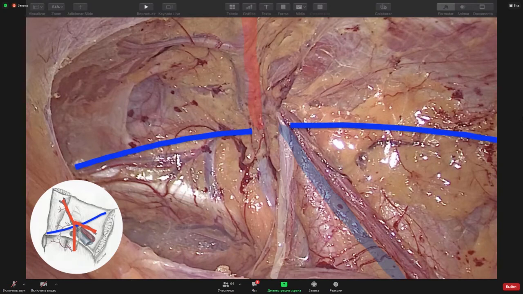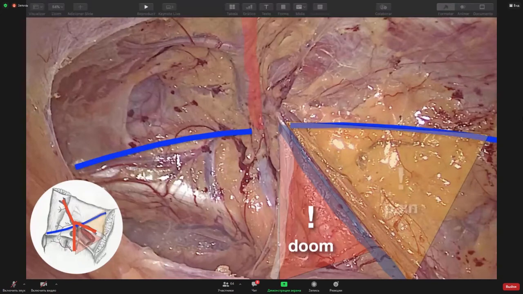Two of those everybody knows: the triangle of Doom between the vas deferens and spermatic vessels, and the triangle of pain, lateral to the spermatic vessels and above the iliopubic tract.